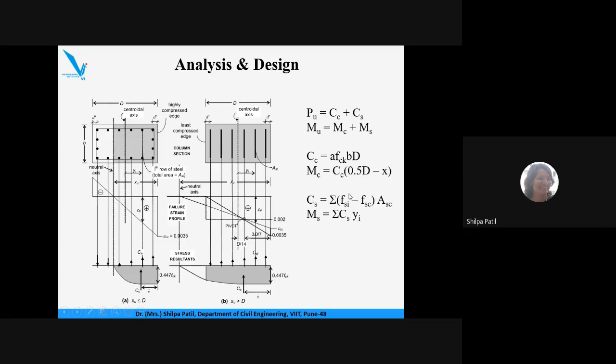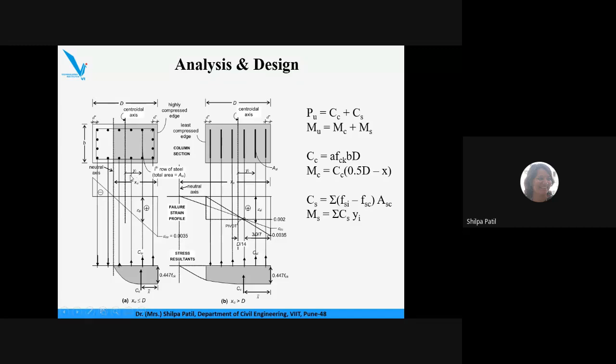This equivalent stress we have to consider, developed by each and every individual reinforcing bar. Okay, so the total area of the steel multiplied by the stress developed or shown by the steel will give us the force developed in the steel. Similarly, this force developed in the steel is multiplied by its lever arm, which I have written here as yi.